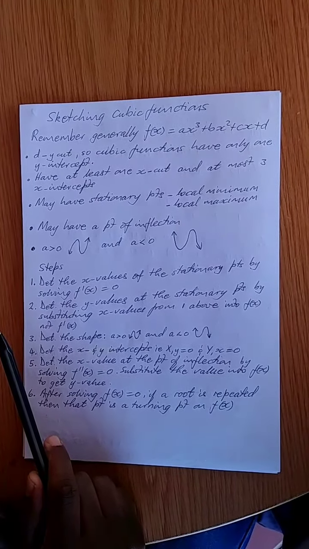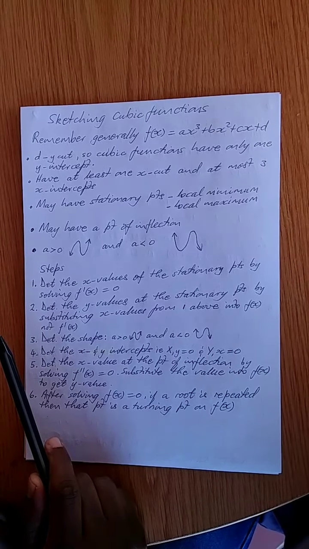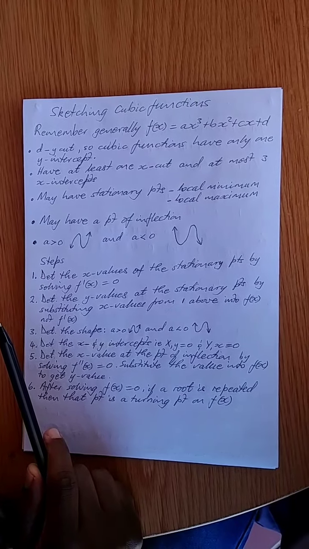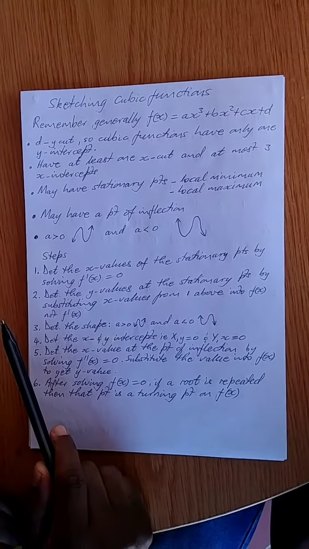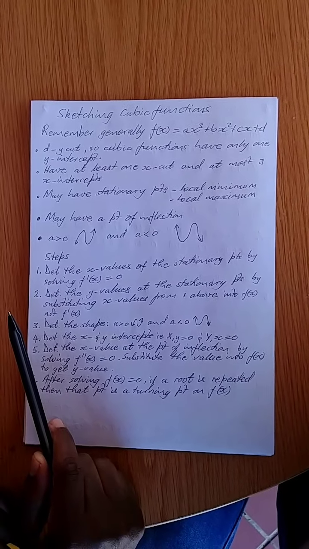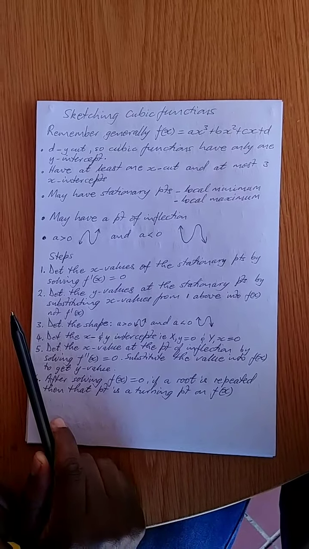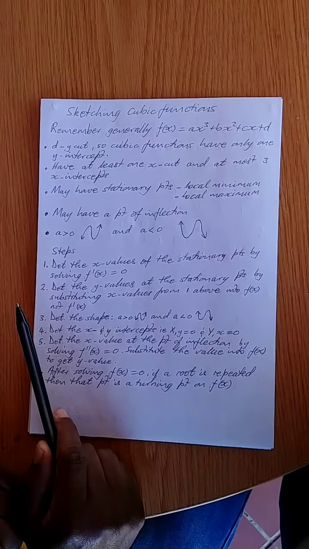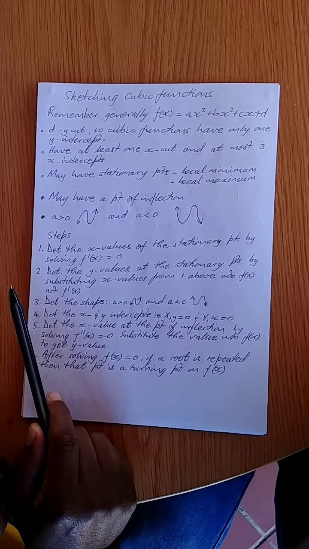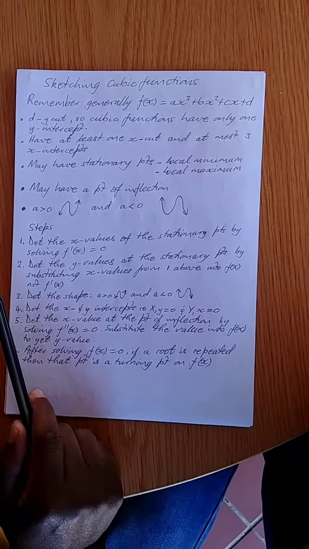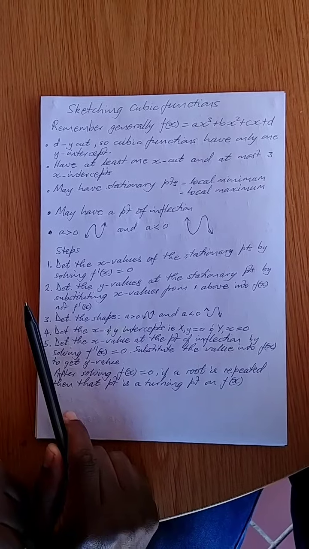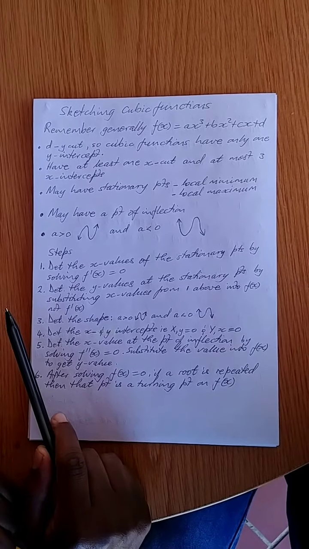We said stationary points include both minimum and maximum, as well as points of inflection, because sometimes a point of inflection might be a result of solving f dash of x equals 0, and instead of having a minimum or a maximum, we have no conclusion to say this is a maximum or this is a minimum, and it will at the end be observed that it is actually a point of inflection.